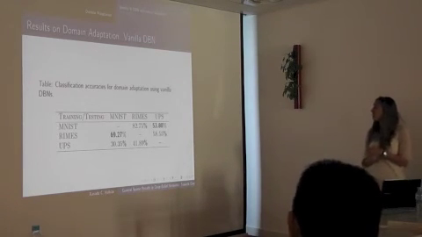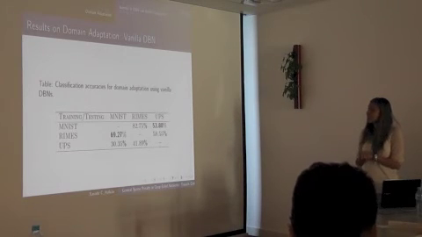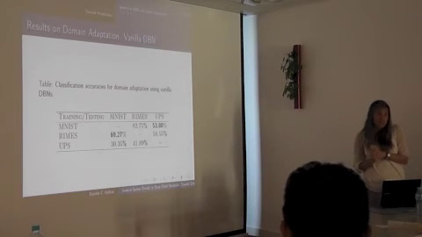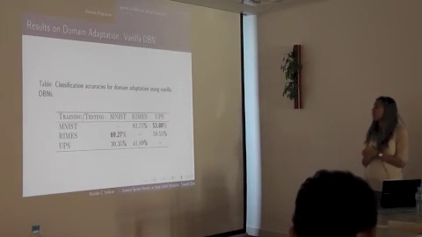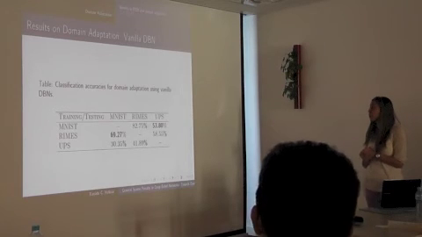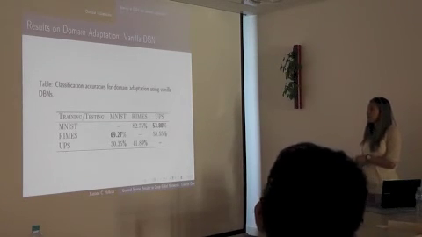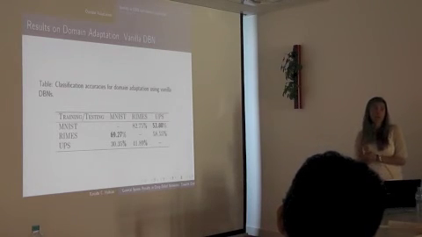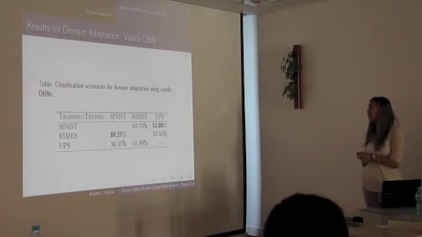For the vanilla DBNs, whatever is in bold means that architecture for that specific pair had the highest accuracy. For example, when we trained on NIST and tested on USPS, we got 53.8% accuracy using the vanilla deep belief network, and that was the highest accuracy for that train-test pair across the different architectures.